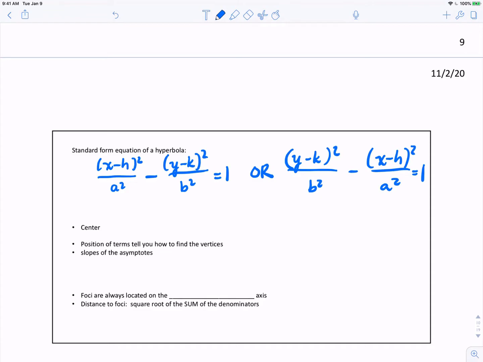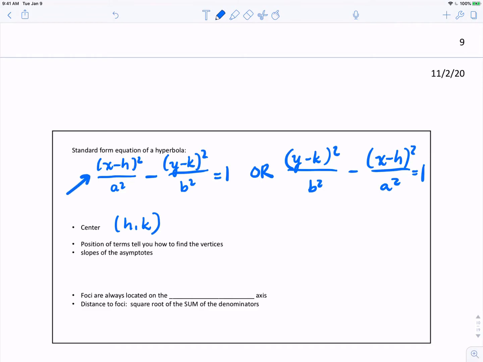Now you'll notice that the presentation I'm doing differs slightly from the one in your textbook. I've never understood why a lot of textbooks choose to give you two completely different formulas for the hyperbola. It's easiest just to interchange the terms and then approach them in exactly the same way. So the center is at h comma k. The position of the terms tells you how to find the vertices.